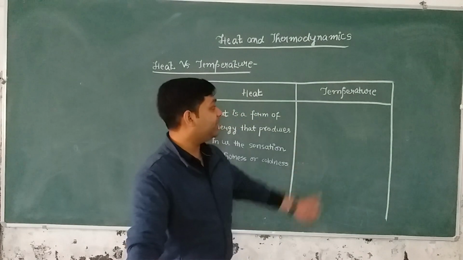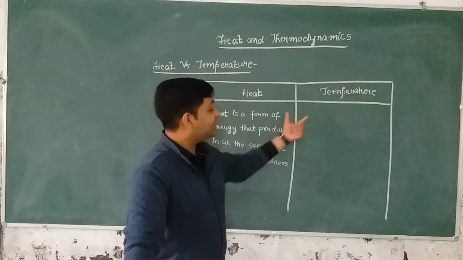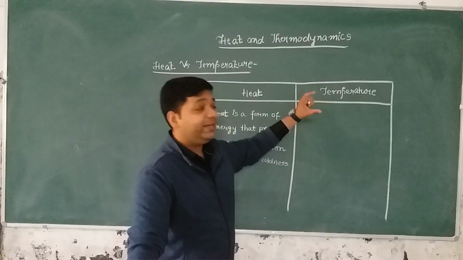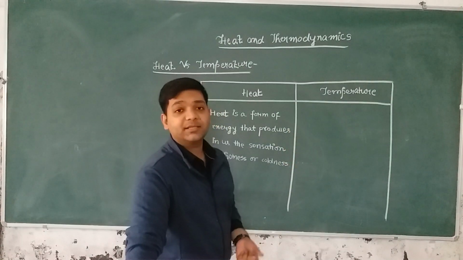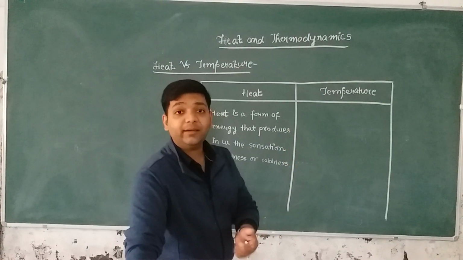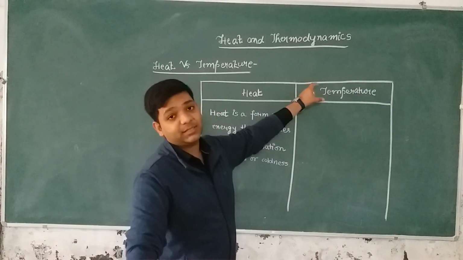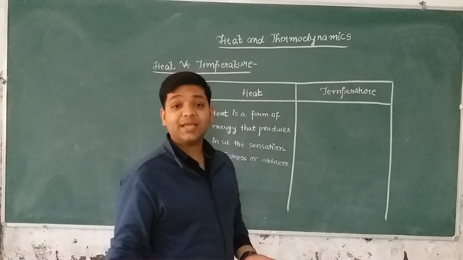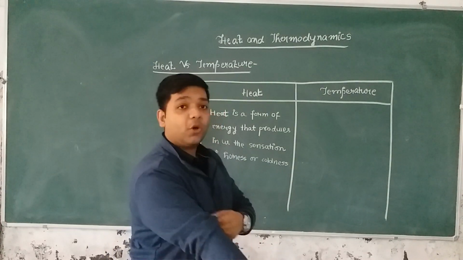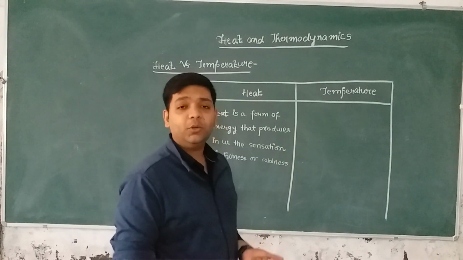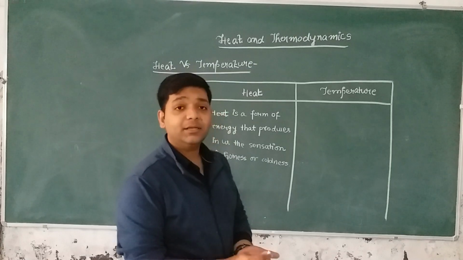And then what is temperature? Temperature is a measure of degree of hotness or coldness. कोई भी चीज कितनी गर्म है या कितनी ठंडी है, we judge it by its temperature. If the temperature is high, that means the body is hot, and if the temperature is low, we say that the body is cold.